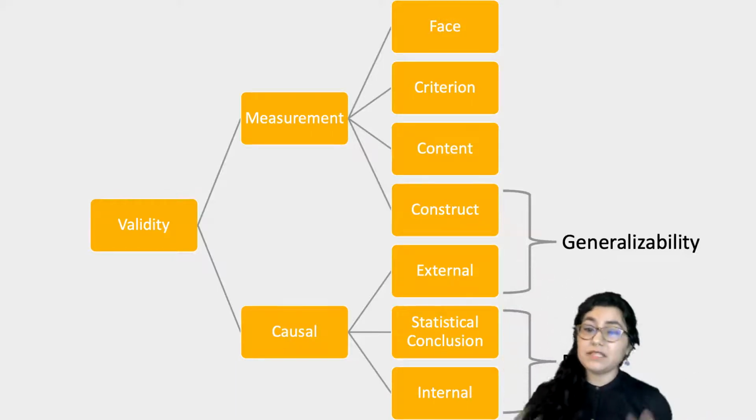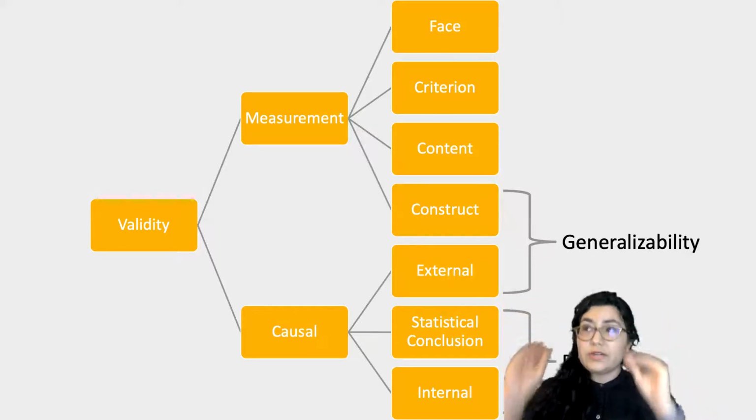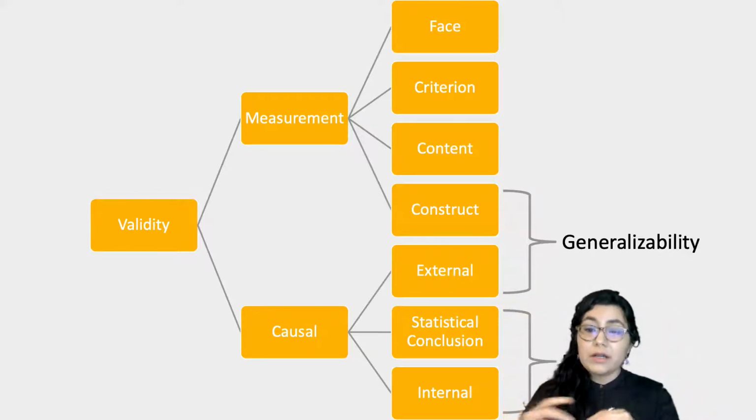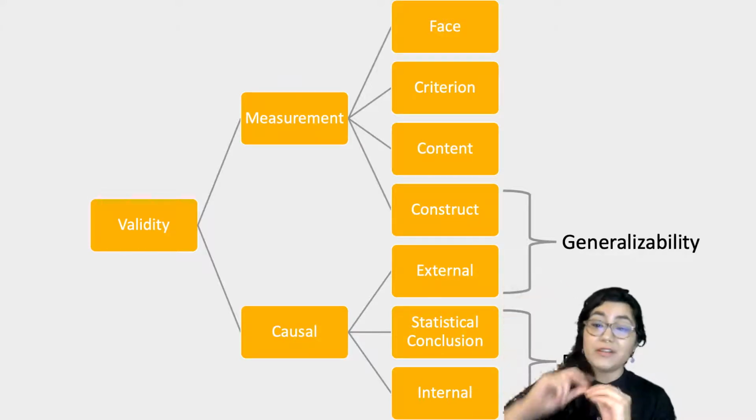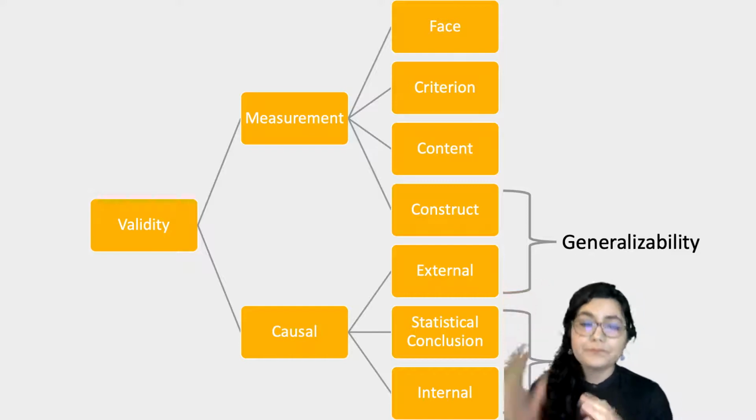And that makes sense, because if we think about the theoretical constructs that we're trying to create measurements for, we want to make sure that those more specific measurements can be generalized to this larger, higher, more abstract plane as well.